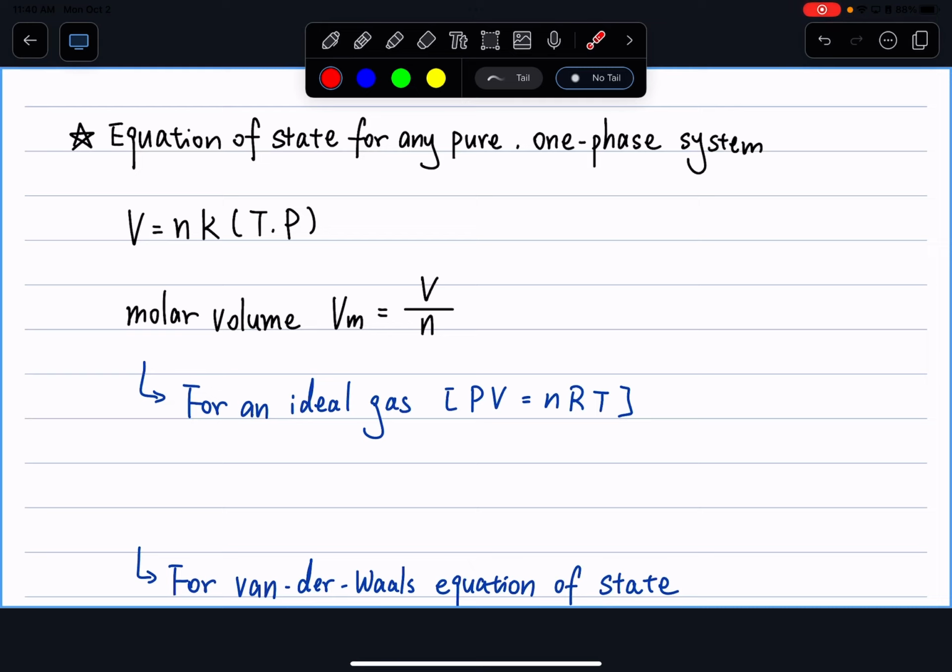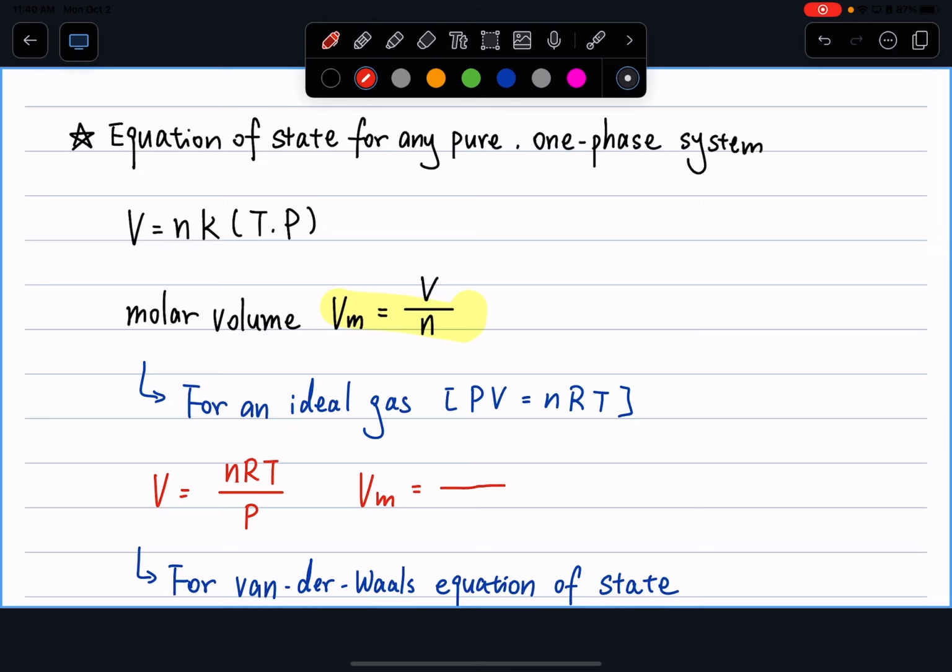Sometimes we also use the notation of molar volume, capital V with a subscript small m, which is the volume divided by the number of moles. For example, for the ideal gas law, we have PV equals nRT. So you can write the volumetric equation of state, V equals nRT over P, or your molar volume equals RT over P.